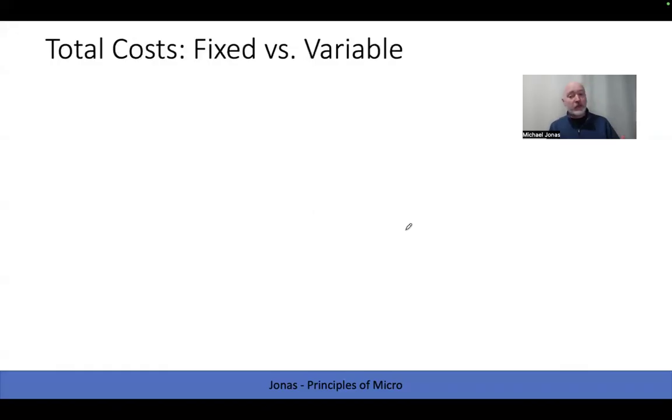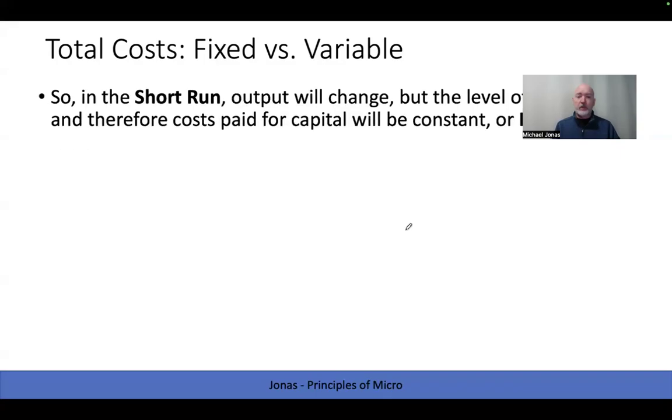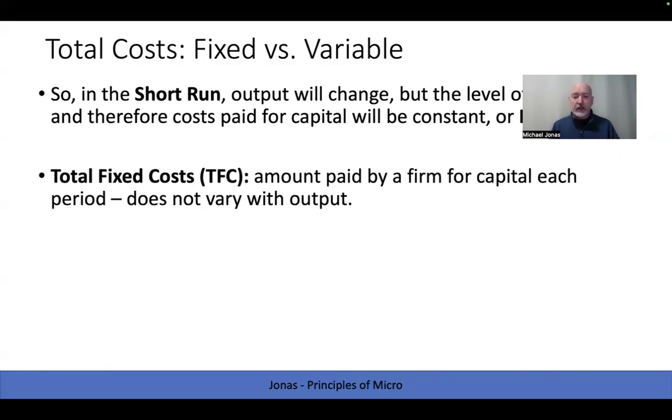Now, the reason why that's relevant to our current discussion is that when we think about the costs of production, they are the payments for those inputs: labor, raw materials, or capital. So some of those costs will be changing as output changes in the short run, labor and raw materials, and some of them won't. Those are going to be our capital costs. So this gives us a nice, easy distinction when thinking about our costs.